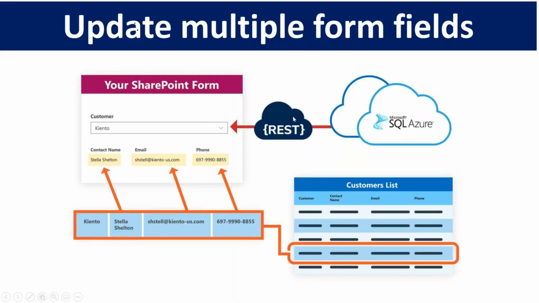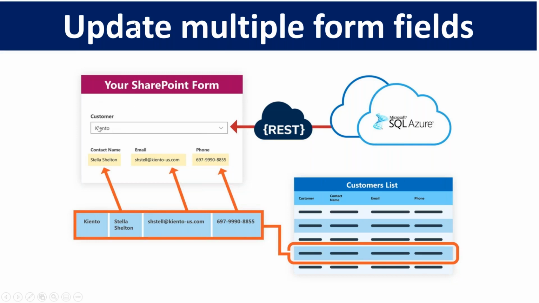Last example that I want to show you, up until now I showed you how you can connect a lookup column to a data source. It can be a remote SharePoint list or Azure SQL, and actually any web service. But many times you need to load not just one column. Many times you need to load many column values.